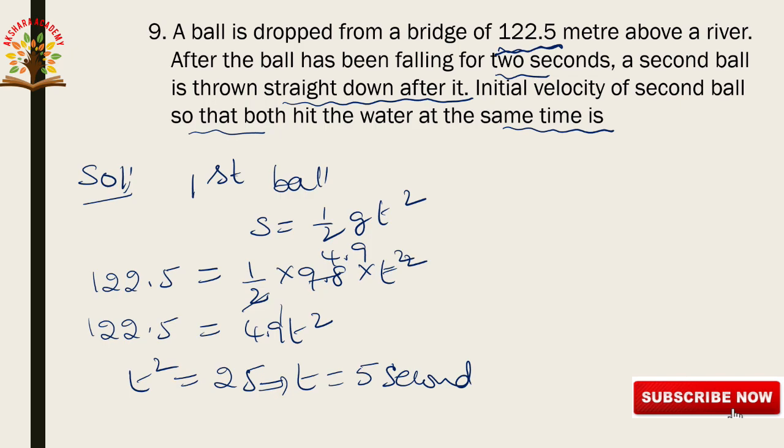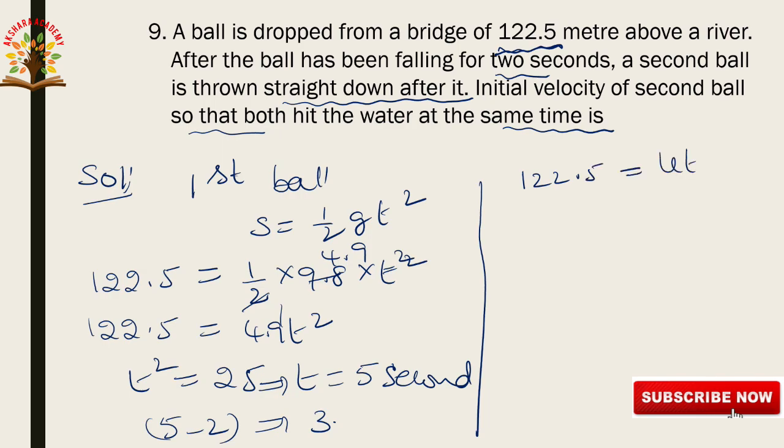Now the other ball is dropped after 2 seconds, so we take only 5 minus 2, that is 3 seconds. Now we are calculating the distance travelled. S is equal to ut plus half g t square.